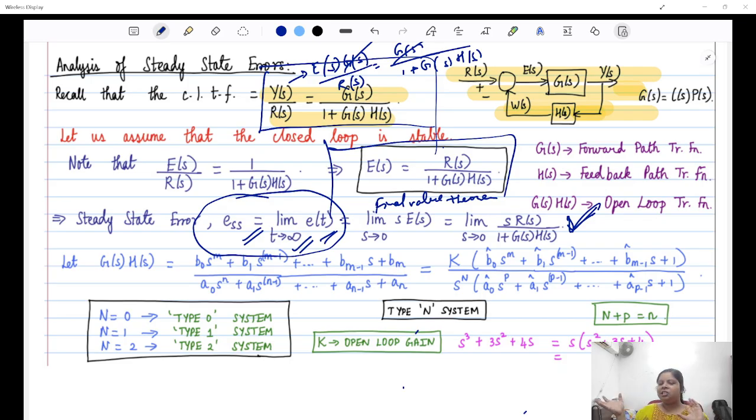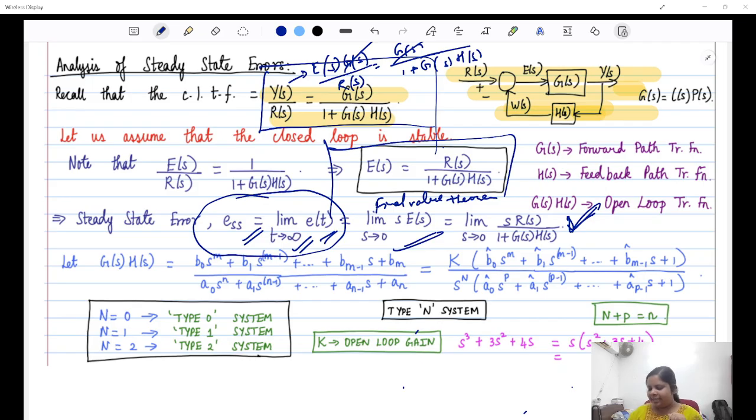So when you try to take the inverse Laplace, sometimes it becomes a really tedious process if they are not a direct inverse Laplace of what we have studied. It can be something different, or maybe you might not remember it at the moment. So if it does not strike you, this final value theorem comes to your rescue. It's really simple. You just have to substitute the value of s to be 0 in sE(s).